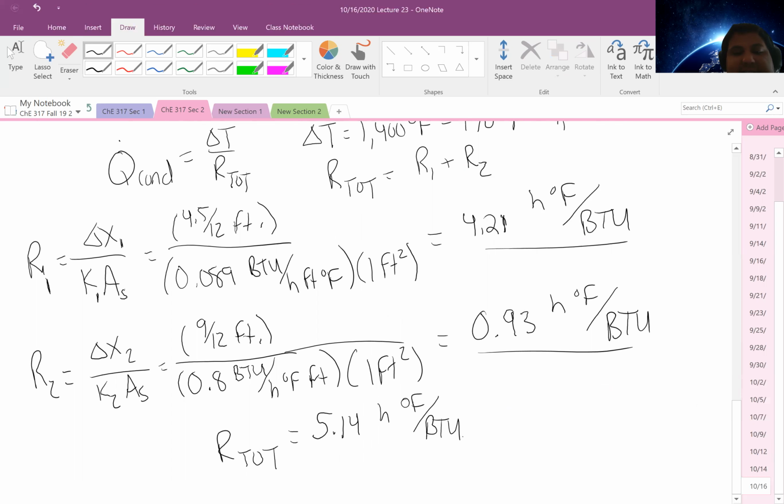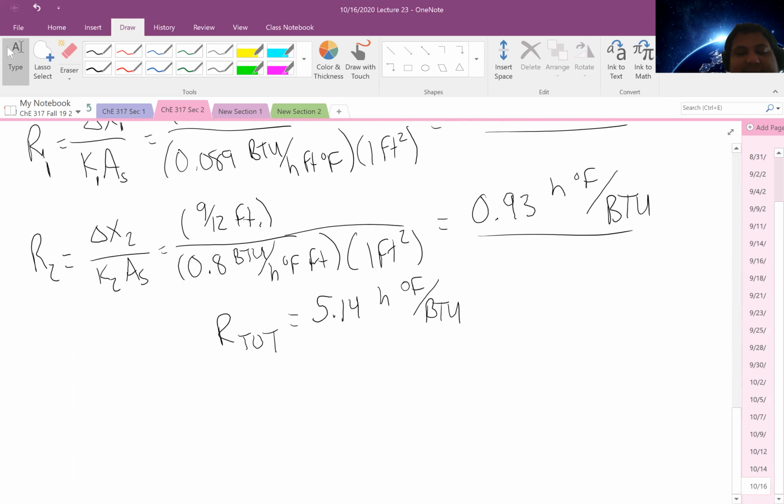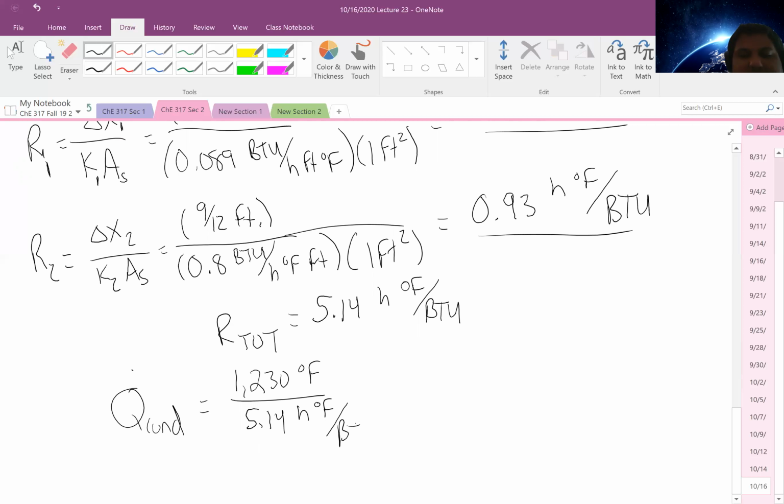With this value in hand, I can then solve for my conductive heat transfer rate, which is simply 1,230 degrees Fahrenheit divided by my total thermal resistance of 5.14 hours degree Fahrenheit per BTU.